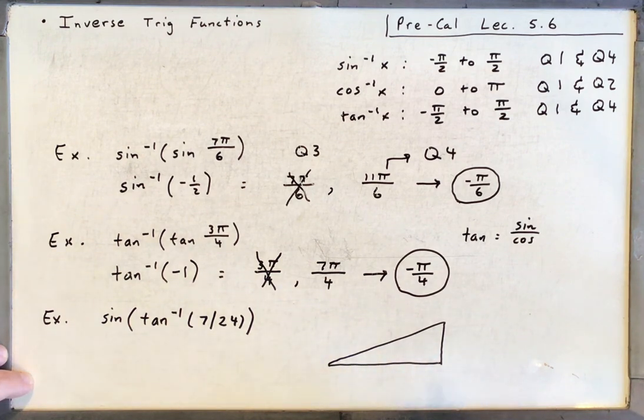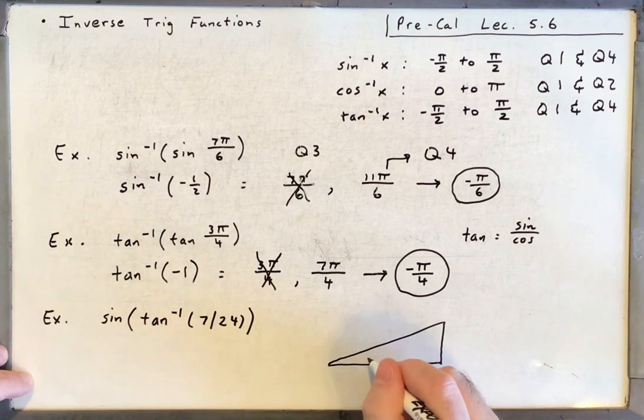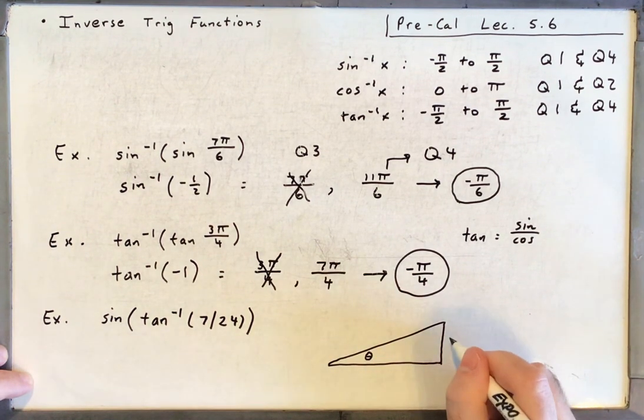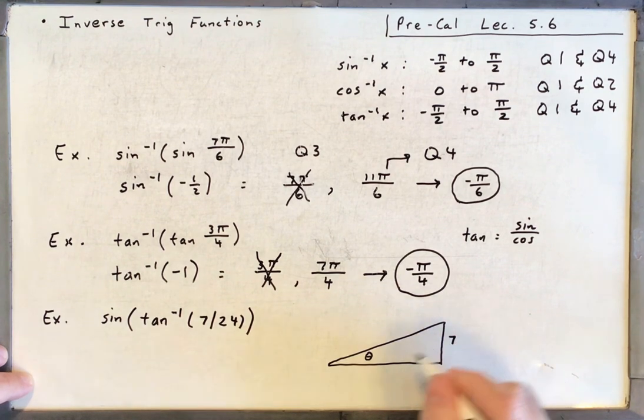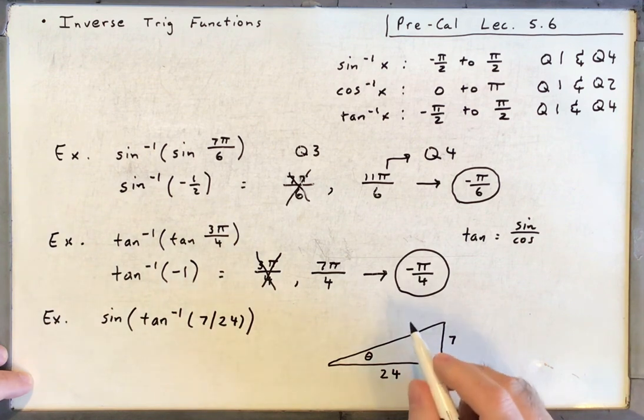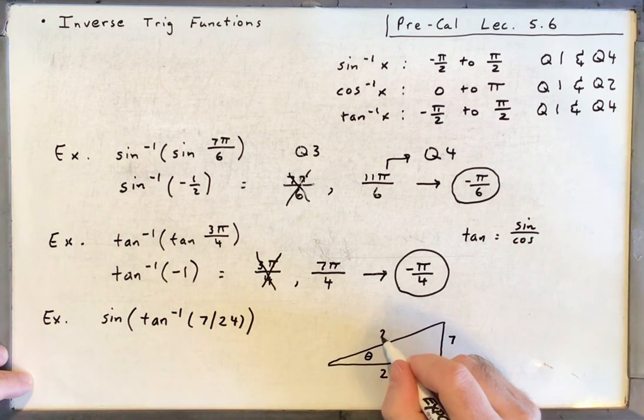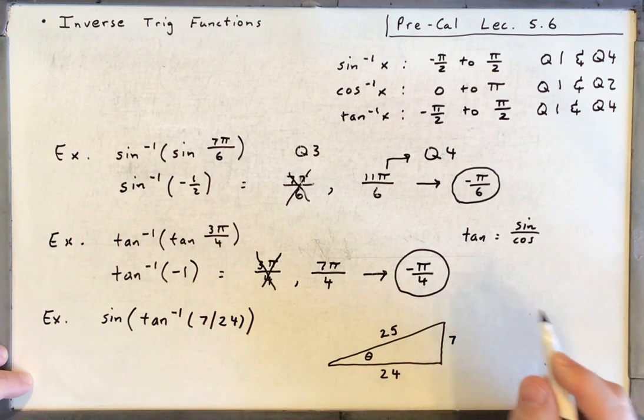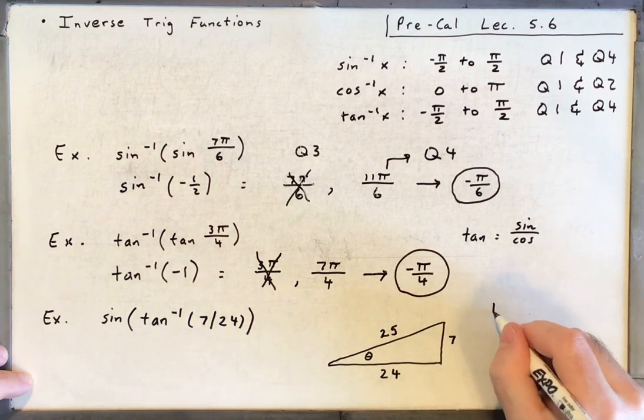Okay. Tangent, so this is theta. Tangent is opposite 7 over adjacent 24. Well, if you use the Pythagorean theorem, you will see that that hypotenuse is 25.